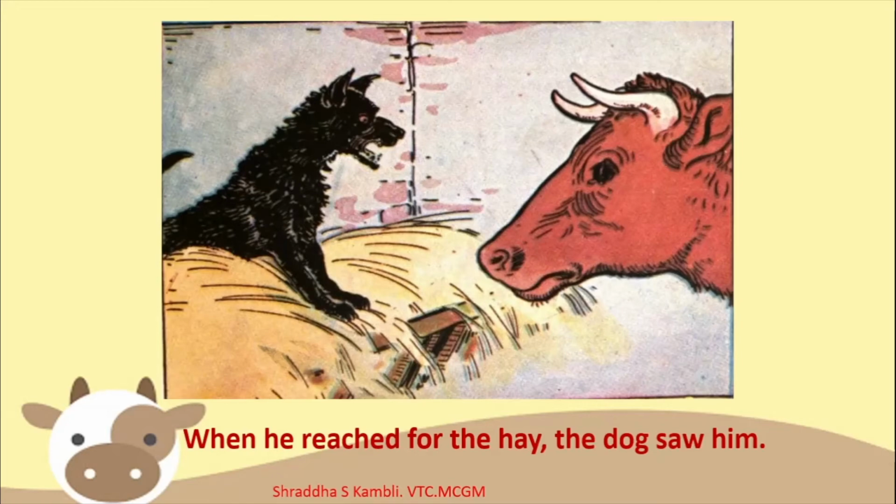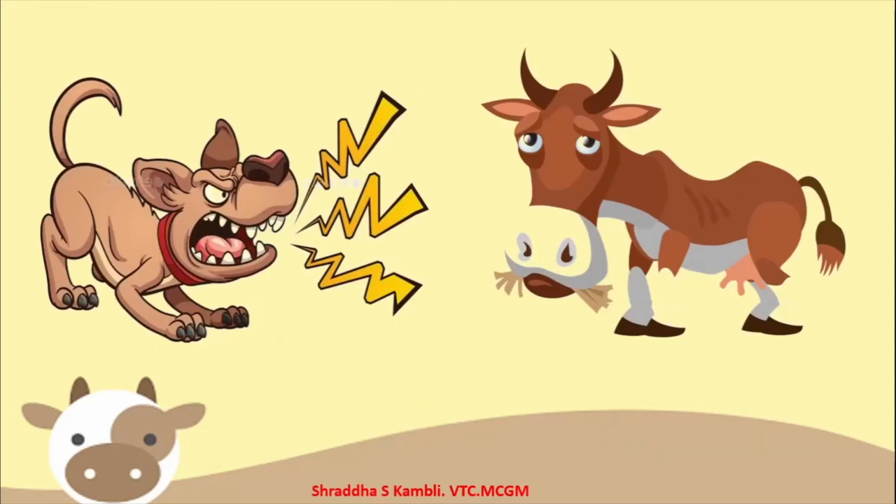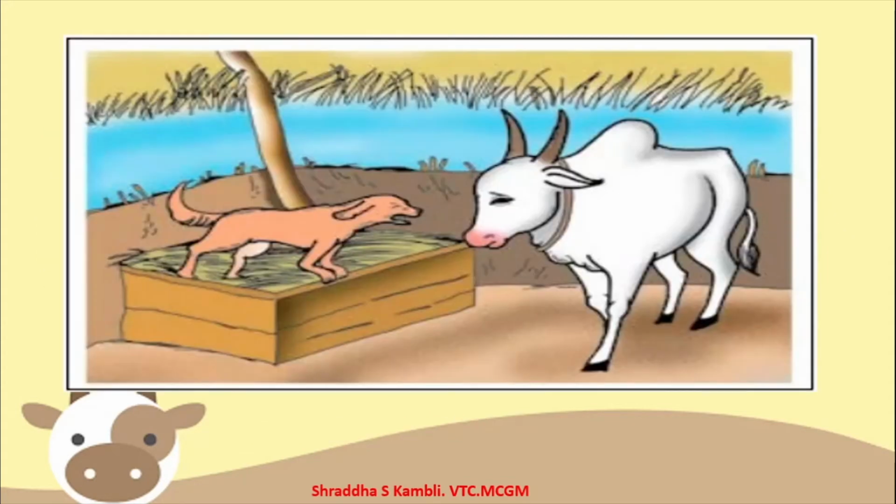And what did the dog do? Was the dog good to him? Was the dog kind to him? Because the dog was a guest here in the ox's house. Not at all. The dog started to bark loudly at the ox. See? The dog had come to live in the ox's house and now it is barking at the ox.